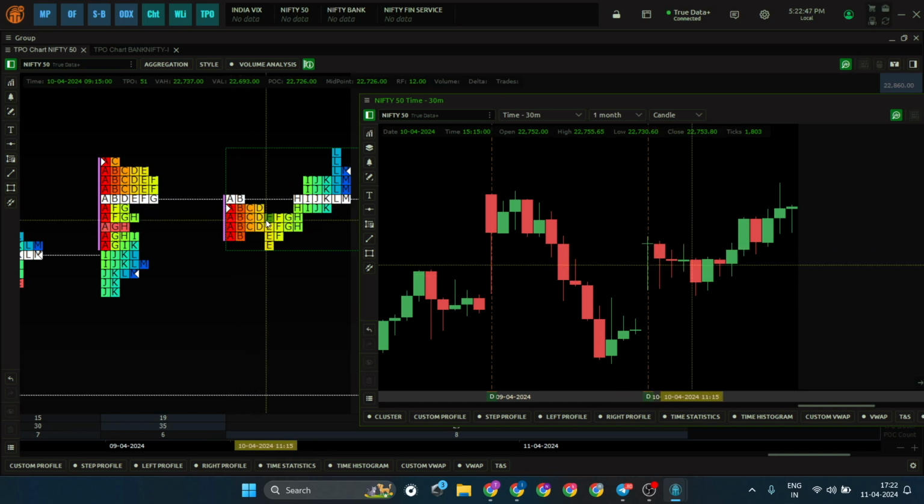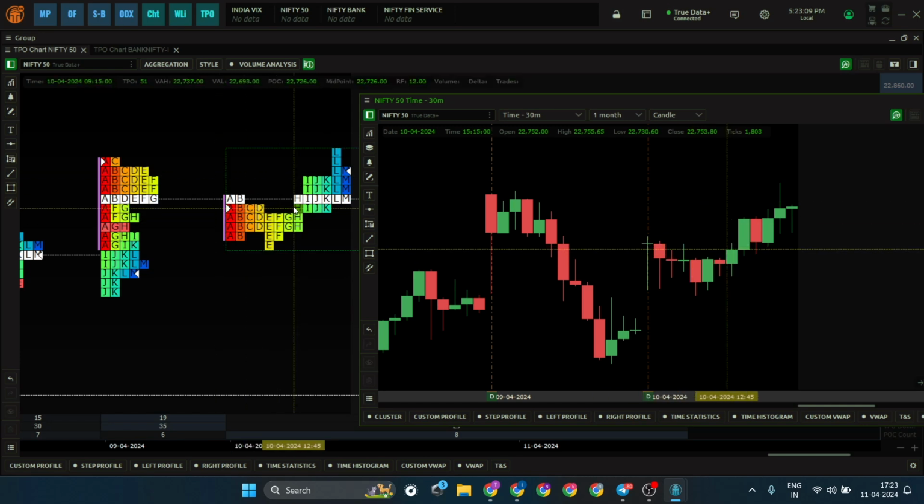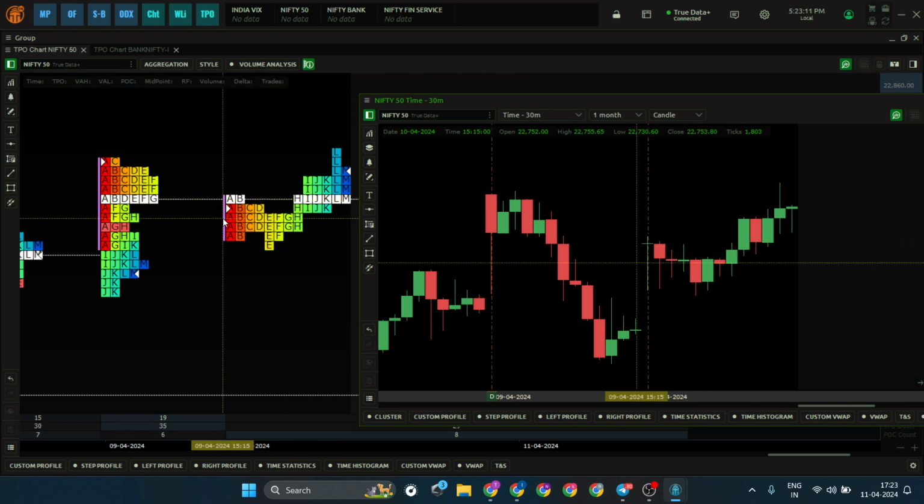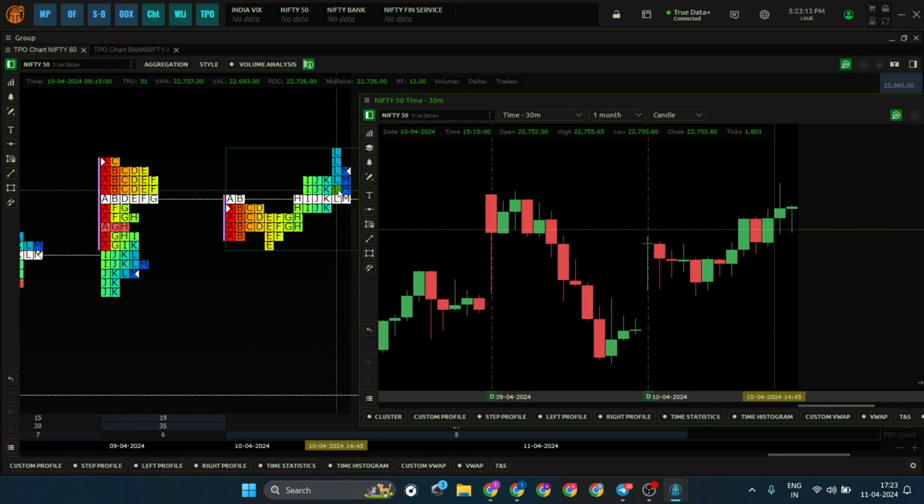The timings of the Indian market as of now are 9:15 to 3:30, almost 6 hours and 15 minutes of trading hours. If we convert that into minutes, it's almost 375 minutes. Divide 375 by 30, and that's 12 candles and a half.